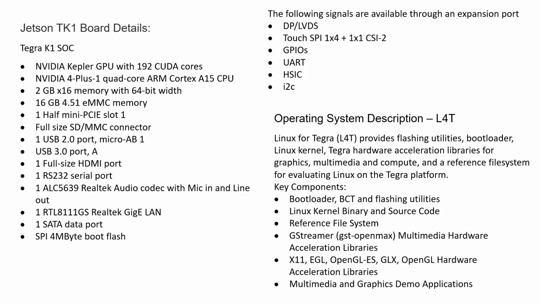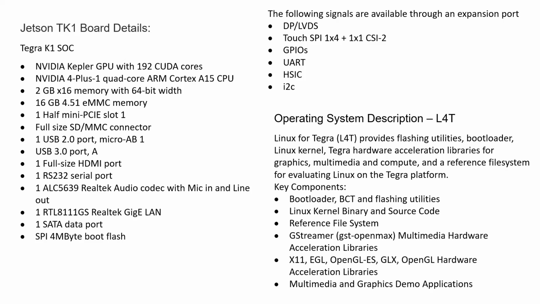Here you can observe some details about the operating system L4T, Linux for Tegra. It provides flashing utilities, bootloader. Obviously, it has the Linux kernel, Tegra hardware acceleration libraries for graphics, multimedia, and computing.